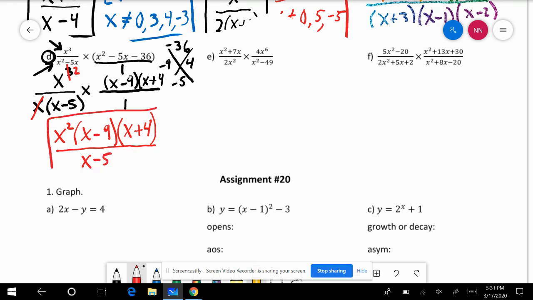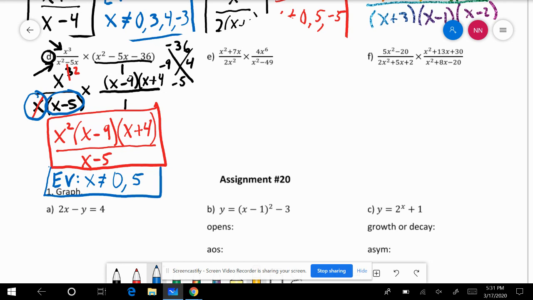Now we're going to look for our excluded values. Remember, the excluded values are what give us 0 in the denominator. So we're only looking at the denominator of the original. Here, it would be 0, so x cannot equal 0. Here, it would be 5, so x cannot equal 5. And that right there is our second answer.